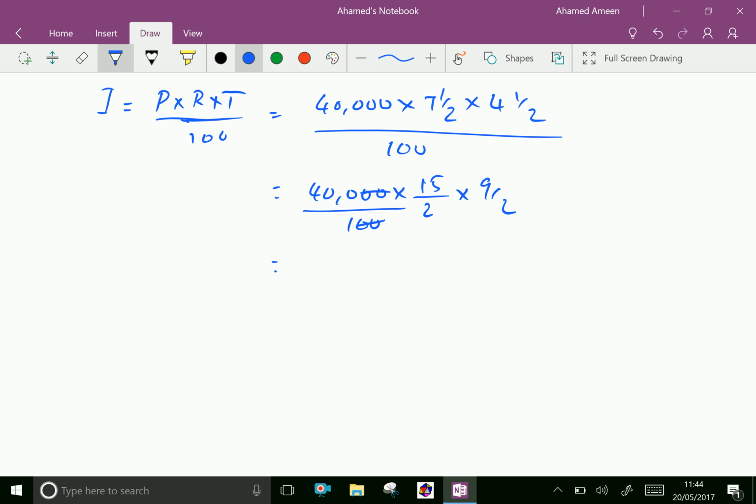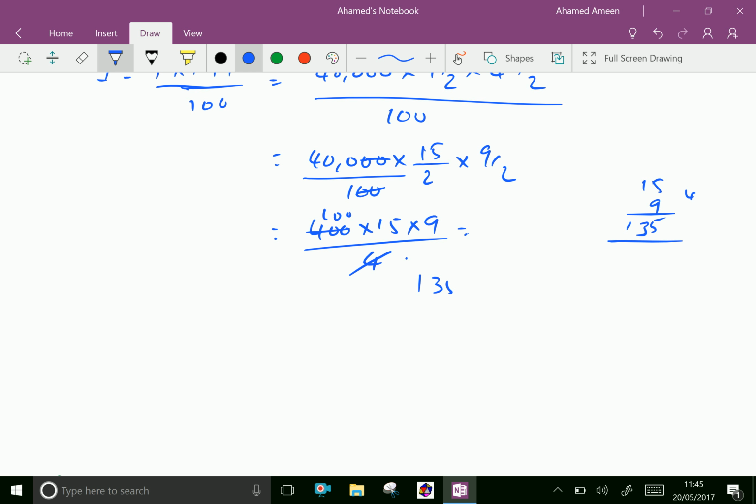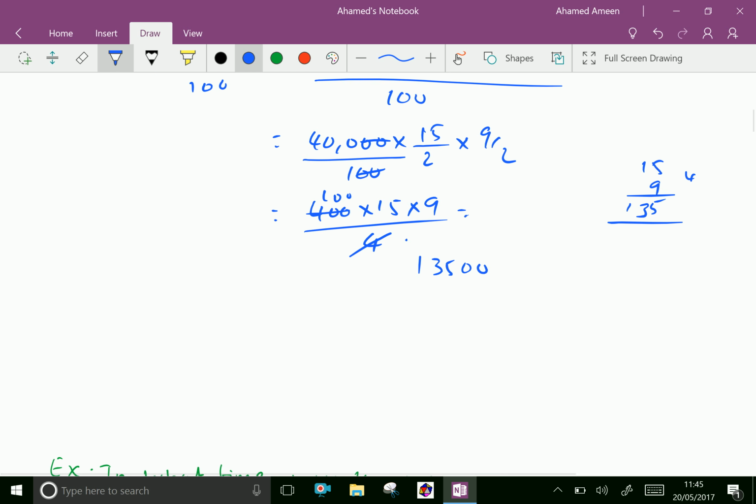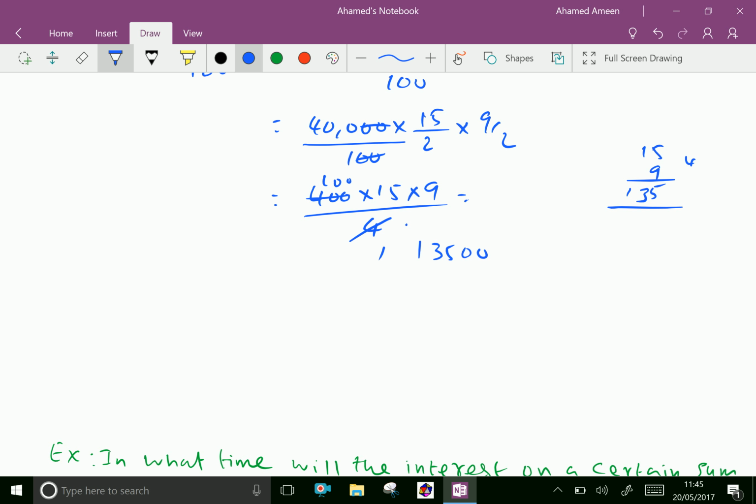Now 400 into 15 into 9 over 4. Then 400 is cut as 100. Then 15 into 9 is 135. That is 135,00, which means 13,500 is the interest.